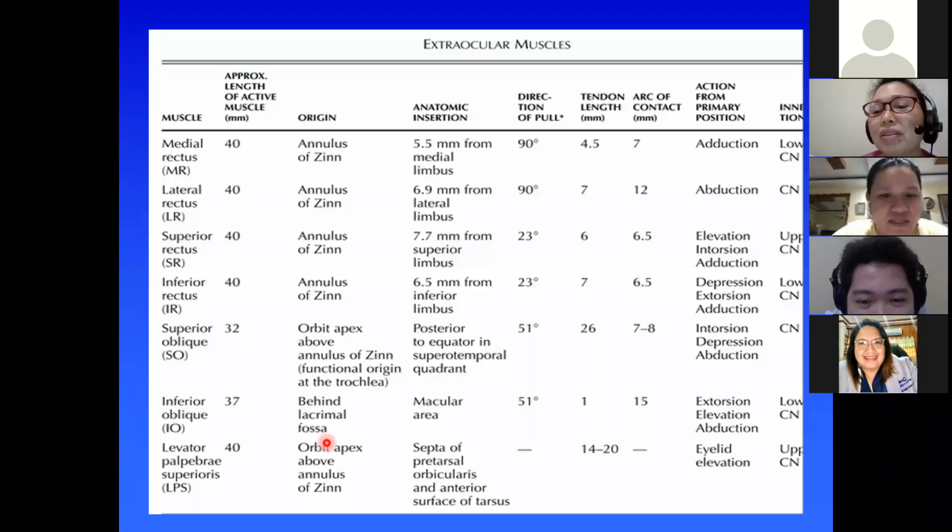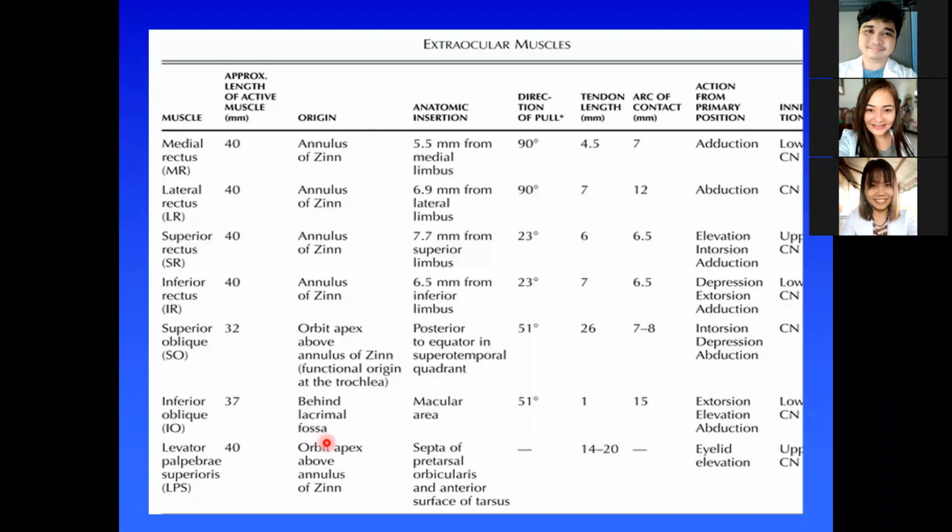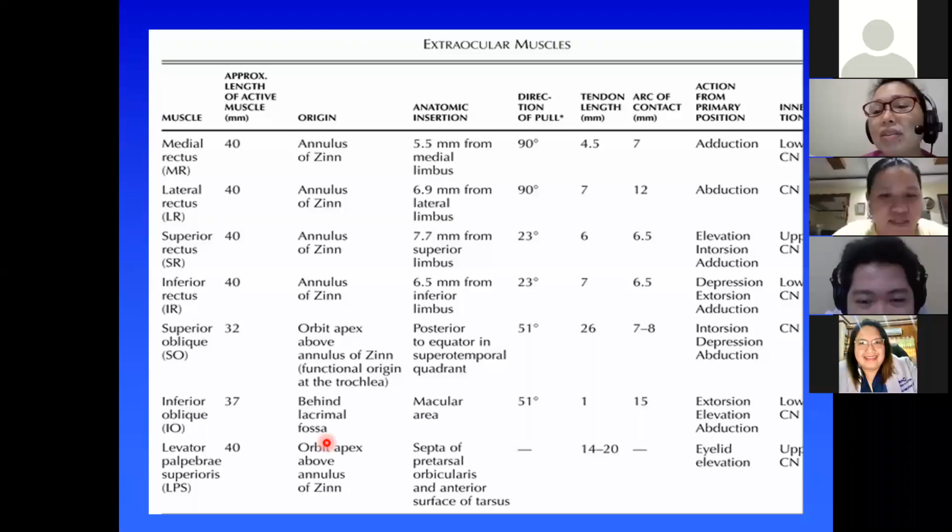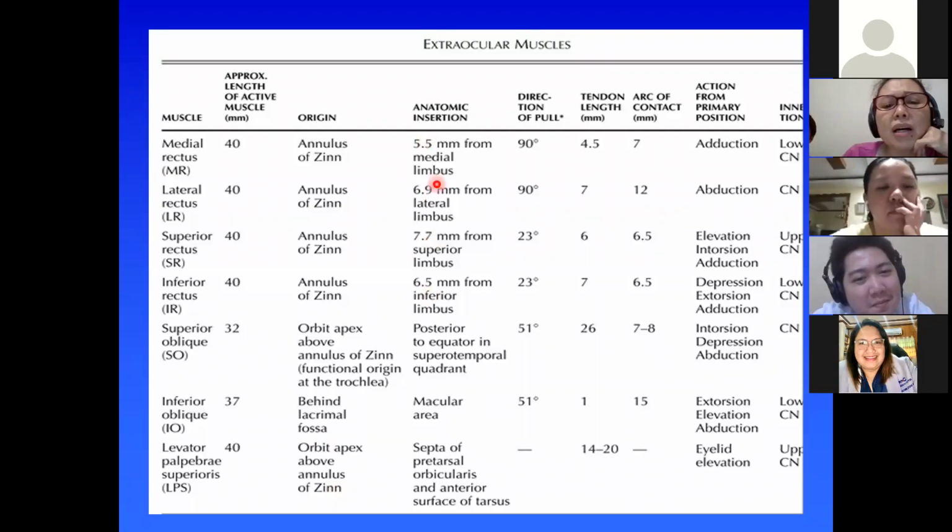This one naman will form the anatomic insertion of your recti, from medial to lateral: medial, inferior, lateral, superior.